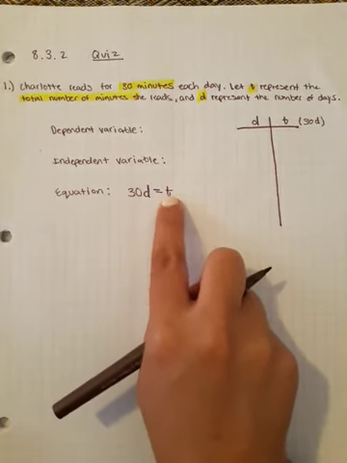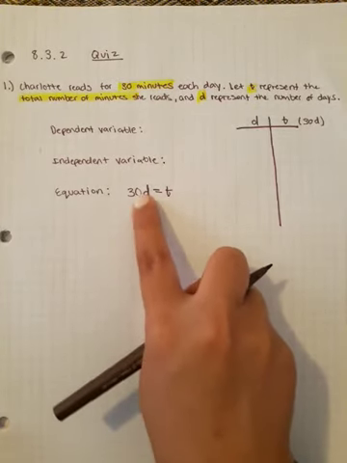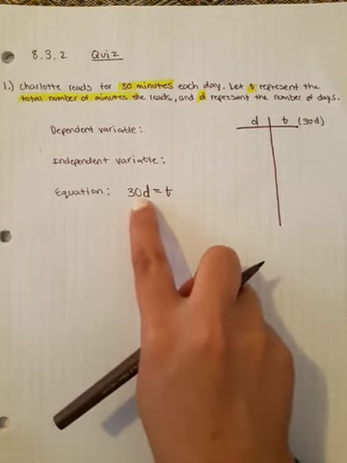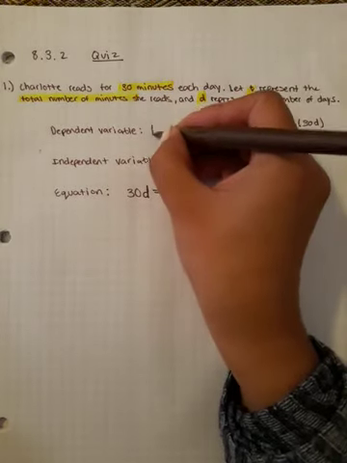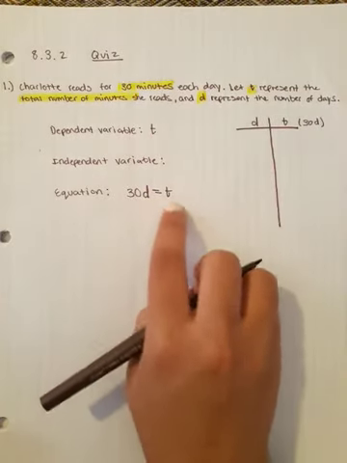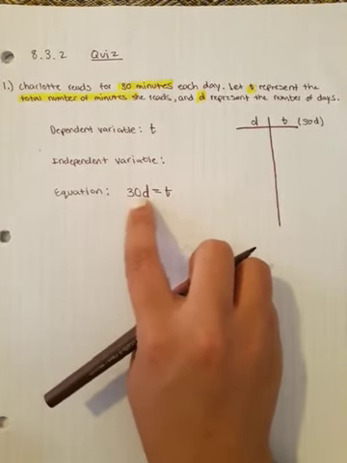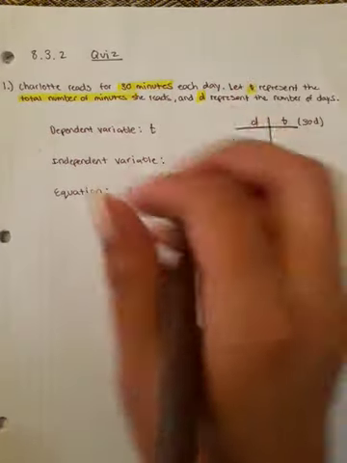So T is my dependent variable because it depends on how many days Charlotte reads. T, dependent variable. So T is my dependent because it depends on the equation. Depends on how many days Charlotte reads. So dependent variable T, and T represents the total number of minutes.